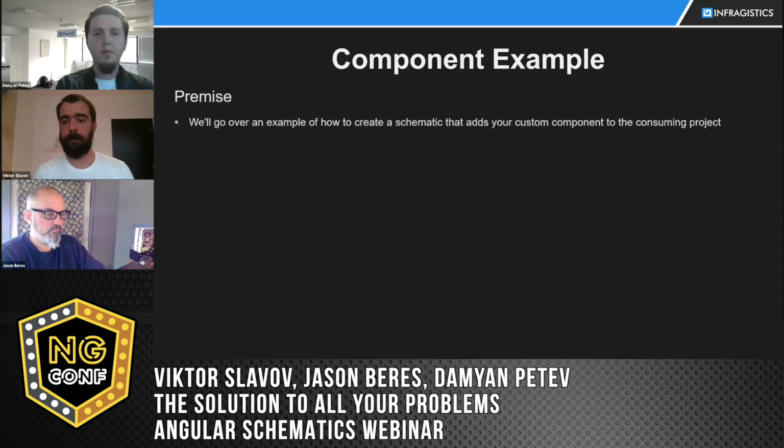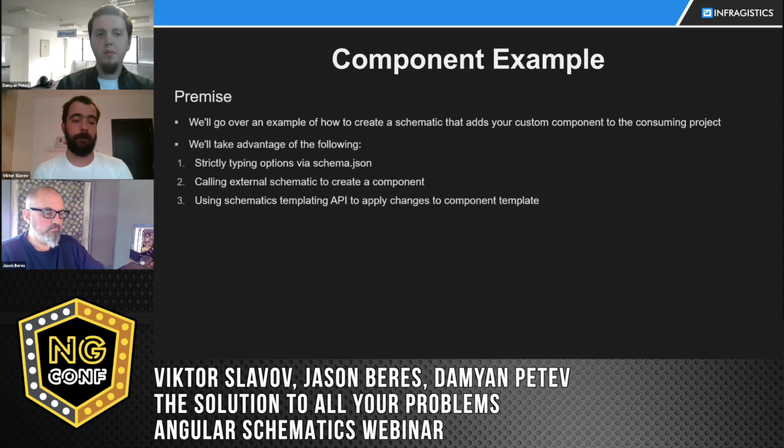By adding the component, we mean similar to ng g c, so it creates the component files and adds the component to the app module. But we want to further expand on that and create not just a blank component as the blank ng g c components are. We'd want to template the input and be able to pass a name for it and a type. So to do this, we'll take advantage of the following. We'll strictly type the input for the schematic itself, so it would be able to accept two parameters, the name and the type.